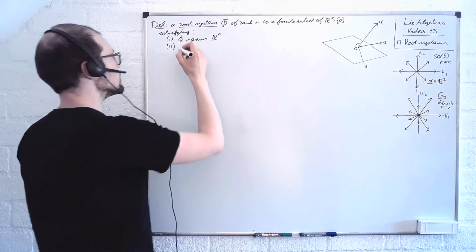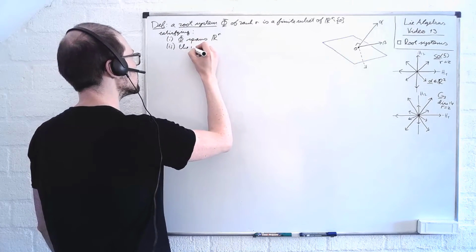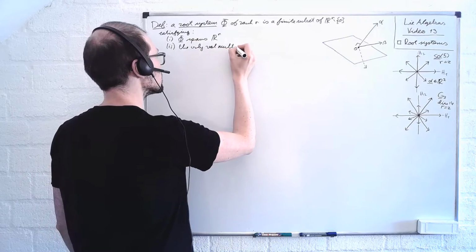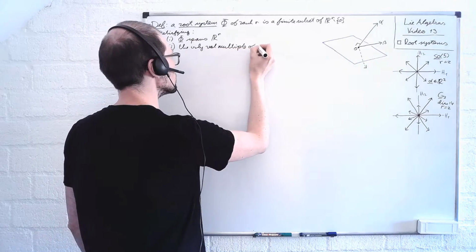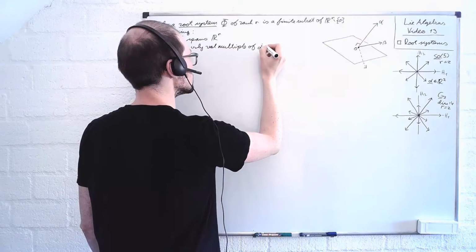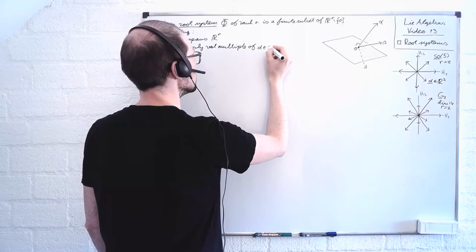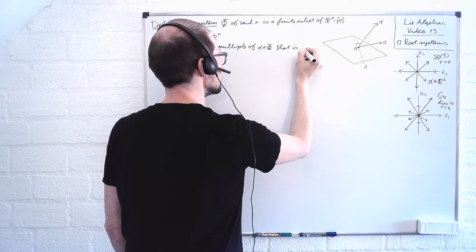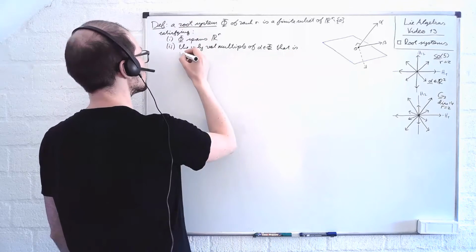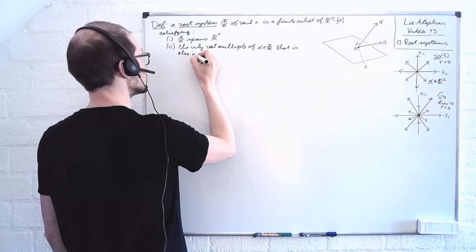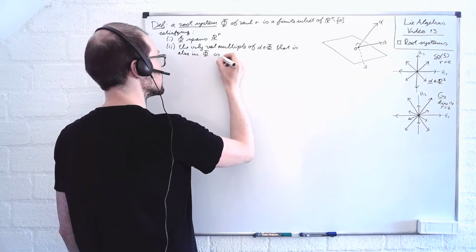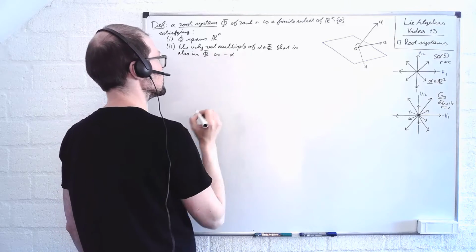The second is that the only real multiple of a root alpha in phi that is also in this root system is minus alpha.